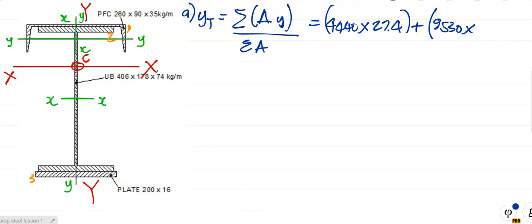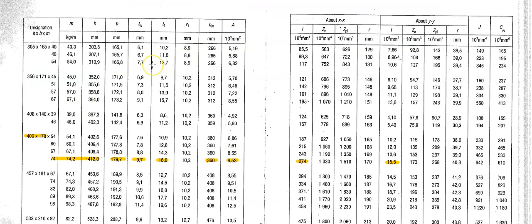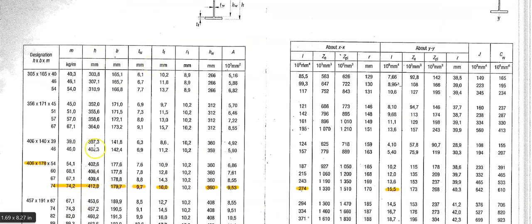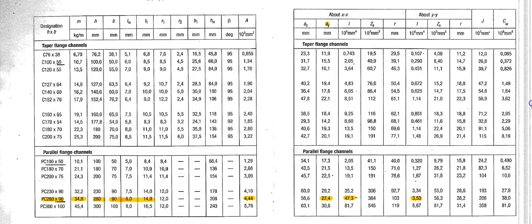So what we need to do, I'm going to go to the I section. There's my I section, and I'm going to go to h. So I'm going to say it's 412.8 divided by 2. And then to that I need to add the thickness of the web of the channel.